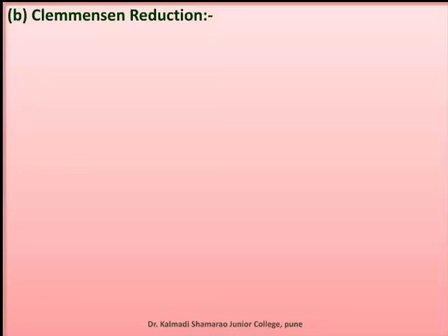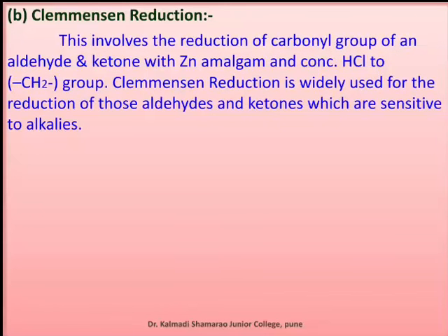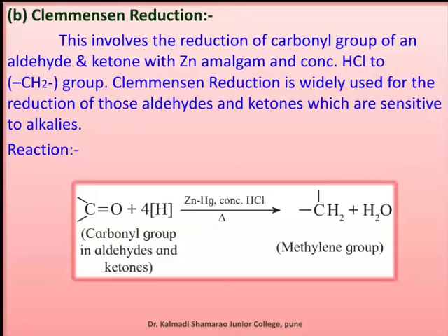Now we will discuss the reduction reactions of aldehydes and ketones. So let's discuss the Clemmensen reduction reaction first. Clemmensen reduction involves the reduction of the carbonyl group of an aldehyde or ketone with zinc amalgam and concentrated HCl to a CH2 group. Clemmensen reduction is widely used for the reduction of those aldehydes and ketones which are sensitive to alkalis.